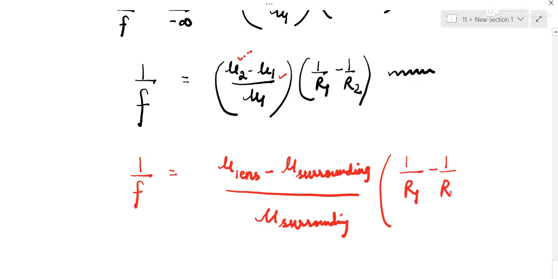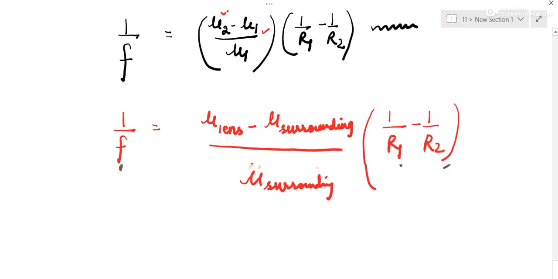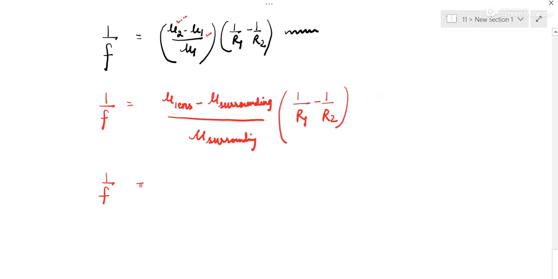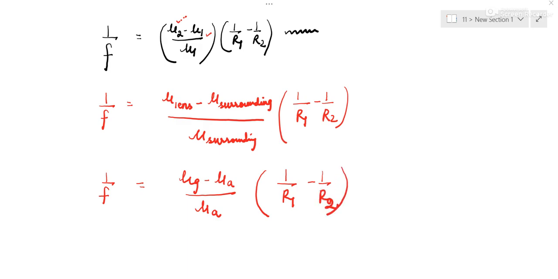This is also the lens maker formula. Some people learn it in the form of glass and air: (mu glass minus mu air)/mu air times (1/R1 minus 1/R2). This is the lens maker formula.